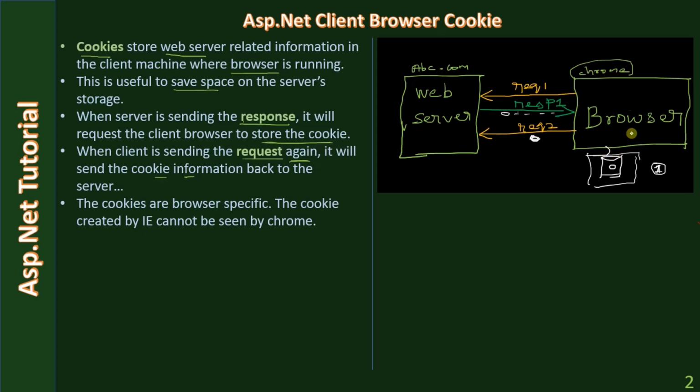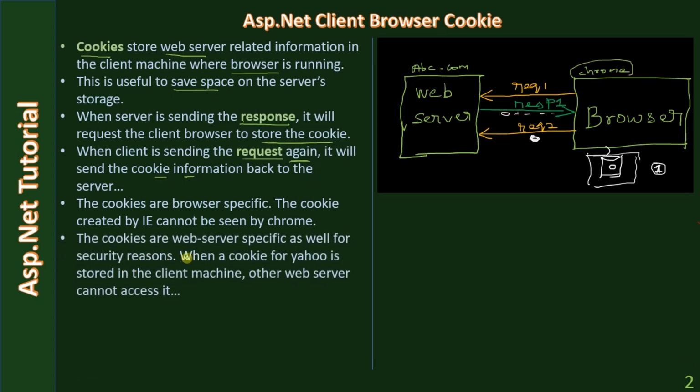If Chrome created the cookie, it will be seen by Chrome only. When you use the same Chrome to browse abc.com, it will send the request and cookie back to the web server. When you use a different browser, it will not see the cookie related to Chrome.